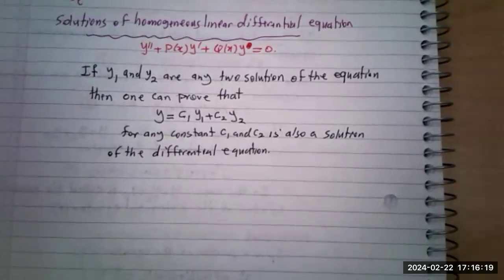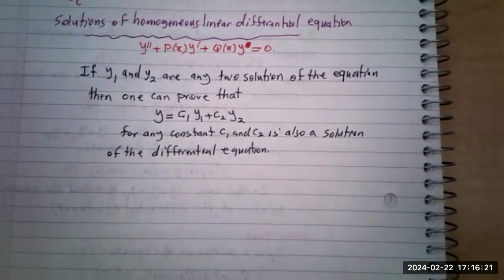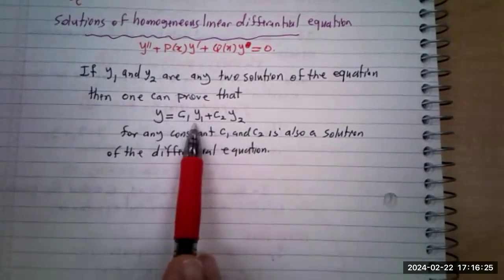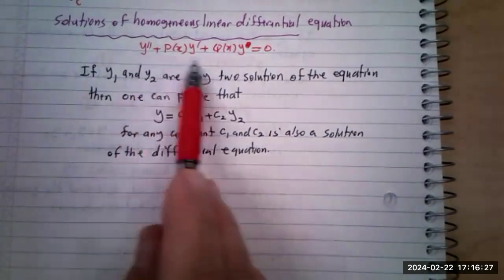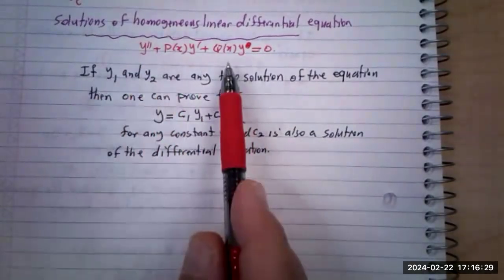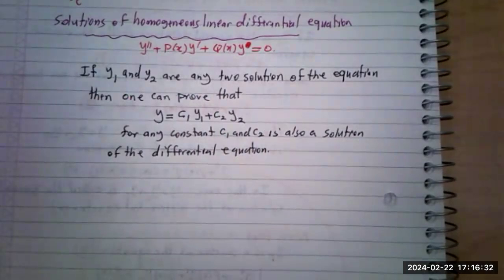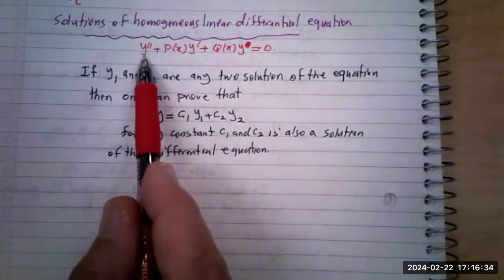How are we going to prove it? As we did before, you have to prove that this combination satisfies this equation. So we plug it into the equation to see if it satisfies it.